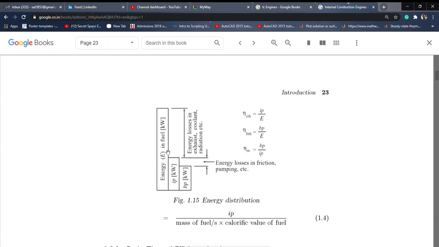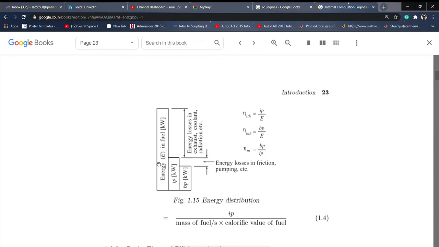Kilowatt means that we are considering the fuel mass flow rate, that is mass of fuel per second into calorific value. So this is the energy in the fuel.